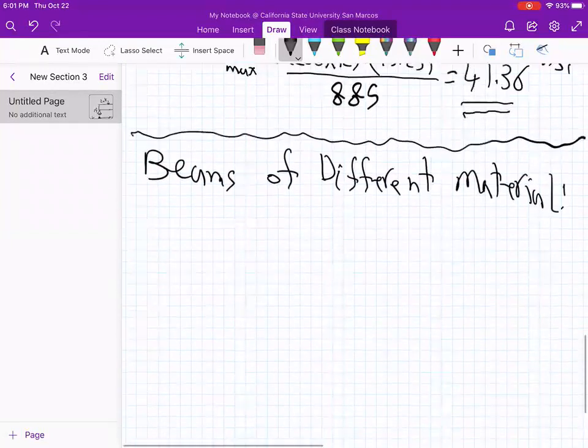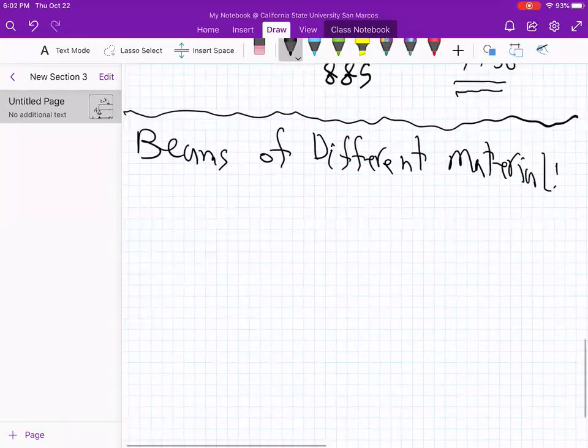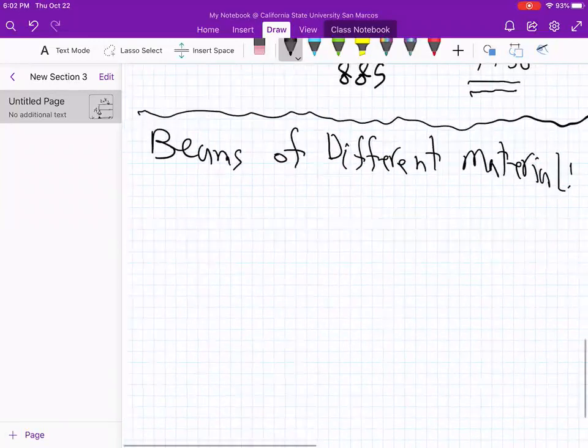Let's write the problem and then say how we can solve it. We already derived the formula based on one material. We know the material through the modulus of elasticity, or Young's modulus, and the stress-strain based on one material. But now let's look at a cross section something like this.